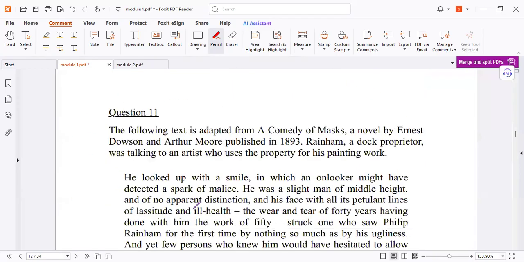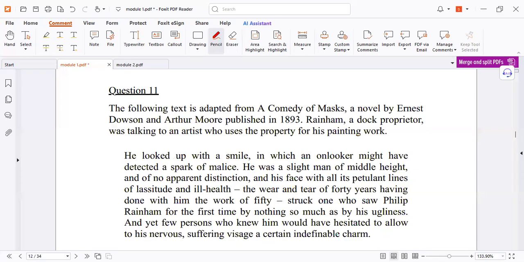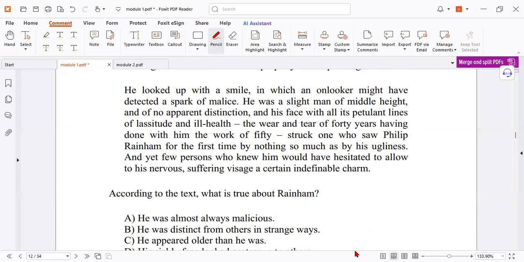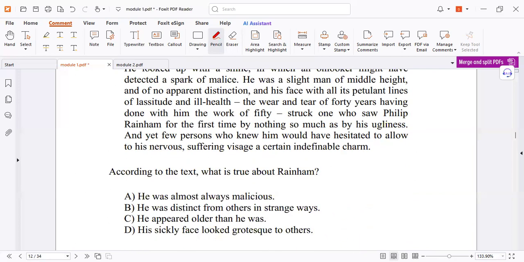Now let's jump. Okay, the next one I chose D. It shows deep, but no. Let's try. Okay.